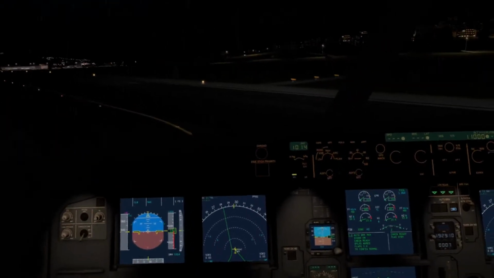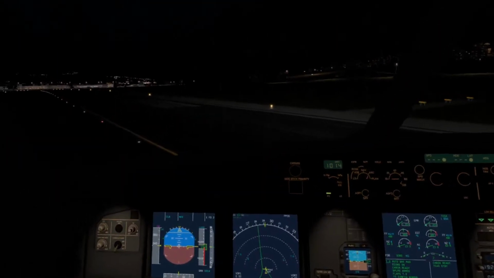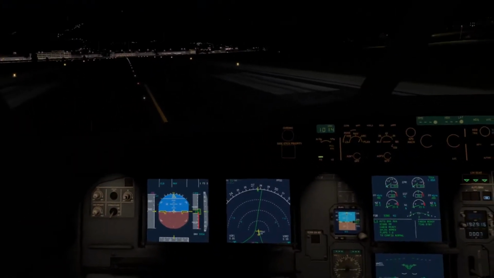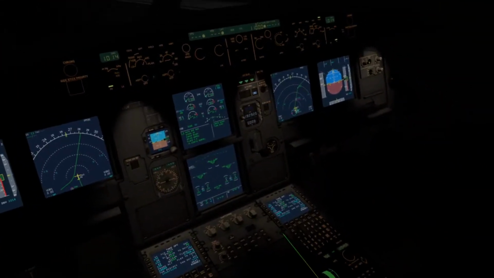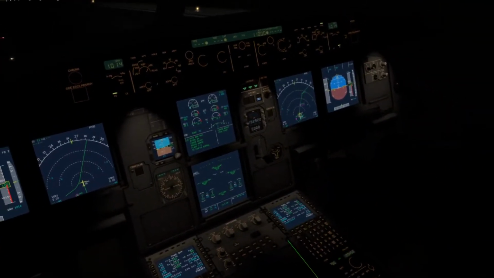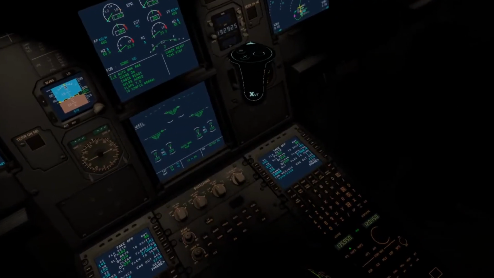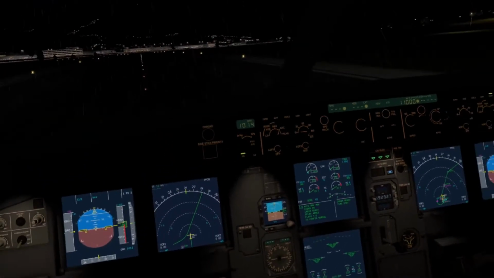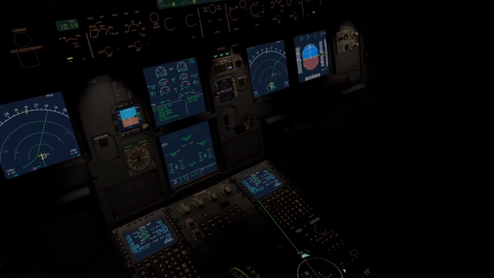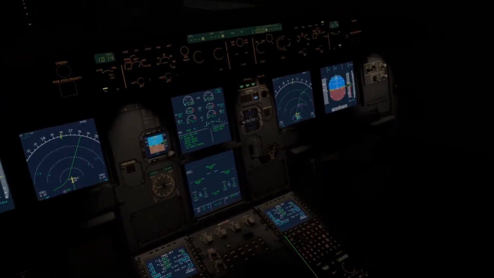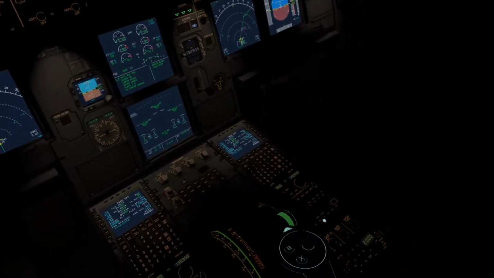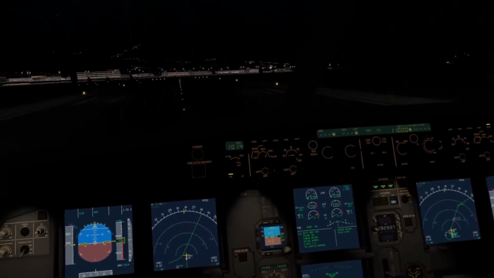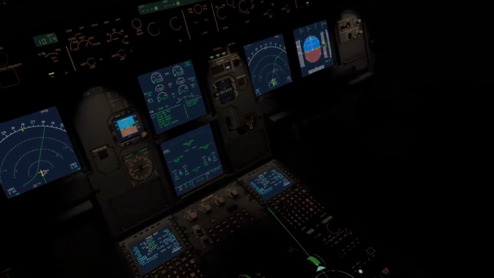Now we're on the runway. I do not know why I set the chrono on there, but okay. If it's what, now it's 30, so we're probably gonna arrive around about, yeah.